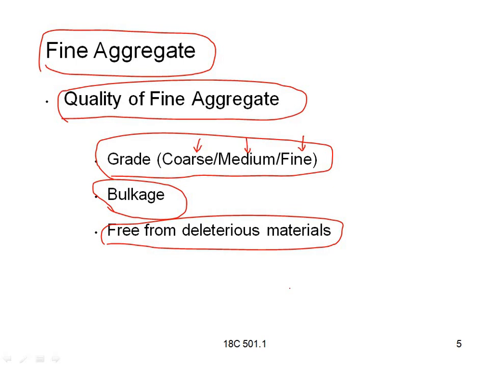And for fine aggregates, there are coarse, medium, fine available in the market generally, but we prefer very fresh aggregates which are available from the quarries. Sand we also call fine aggregate, and river sand will be good for construction, and there should not be any bulking in the sand.